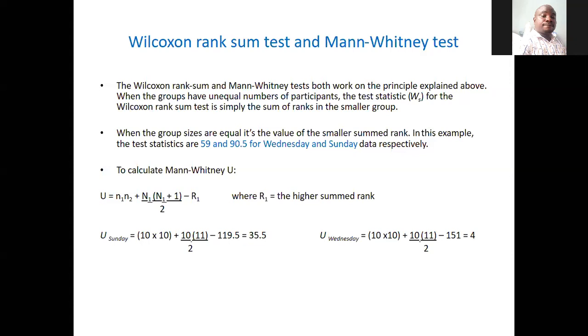You know, I told you that the process of calculating the Wilcoxon rank sum statistic and that of the Mann-Whitney U is the same, but they are different, just like water and ice block. Now, you notice something. When the group sizes are equal, it is the value of the smaller sum of ranks. In this example, the test statistics are 59 and 90.5 for Wednesday and Sunday, respectively.